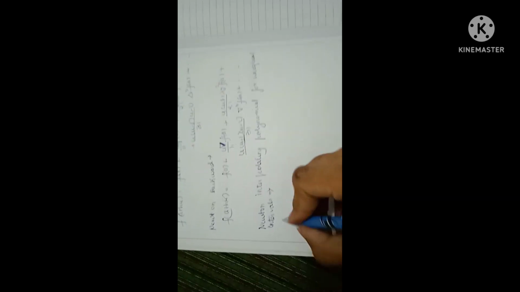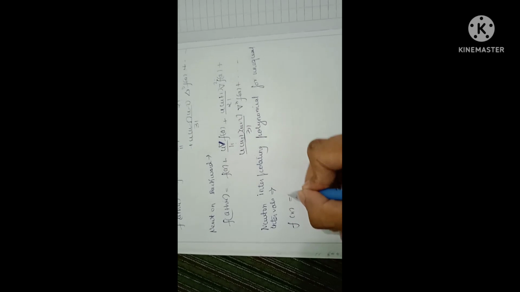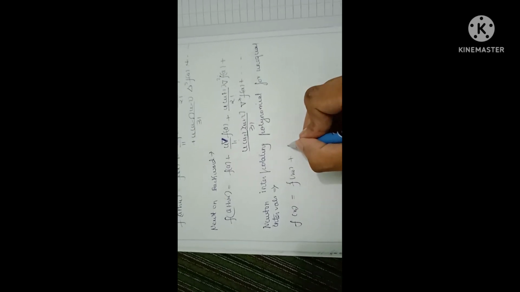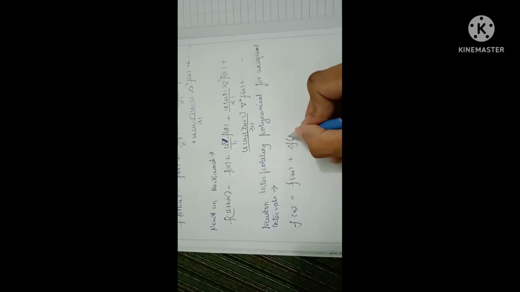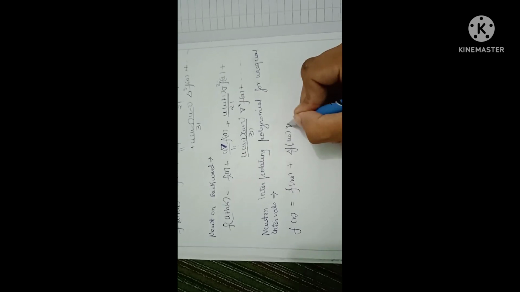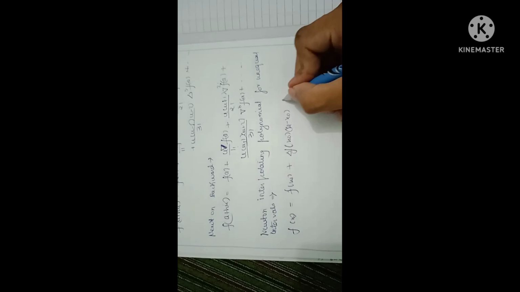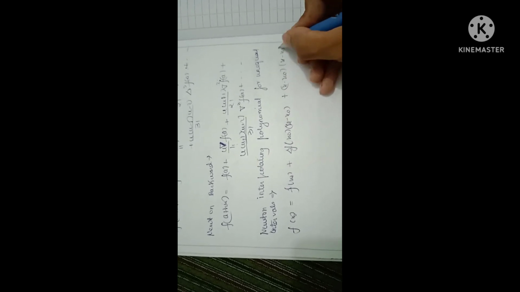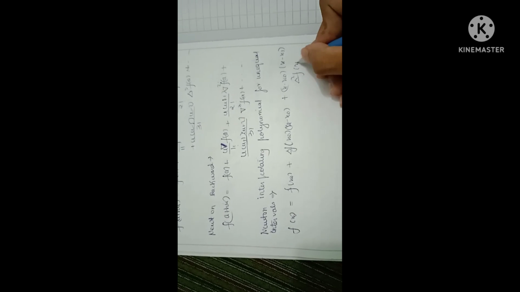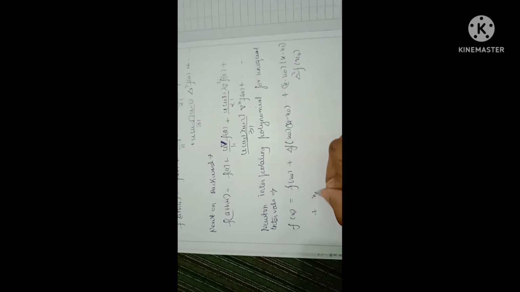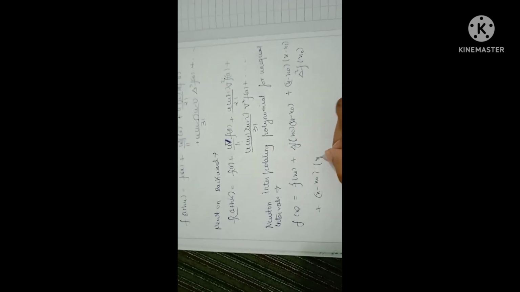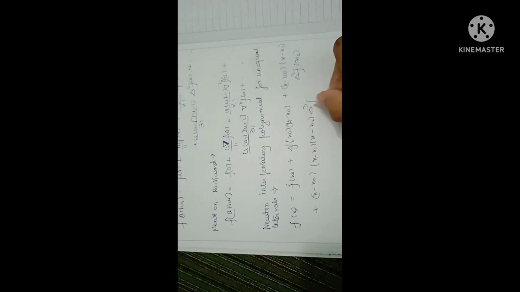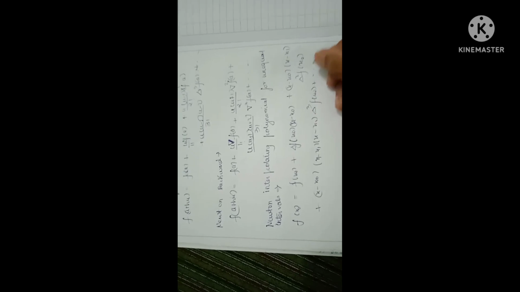For unequal intervals, we have f(x) equal to f(x0) plus Δf(x0)(x − x0) plus (x − x0)(x − x1) Δ²f(x0) plus (x − x0)(x − x1)(x − x2) Δ³f(x0) plus so on.